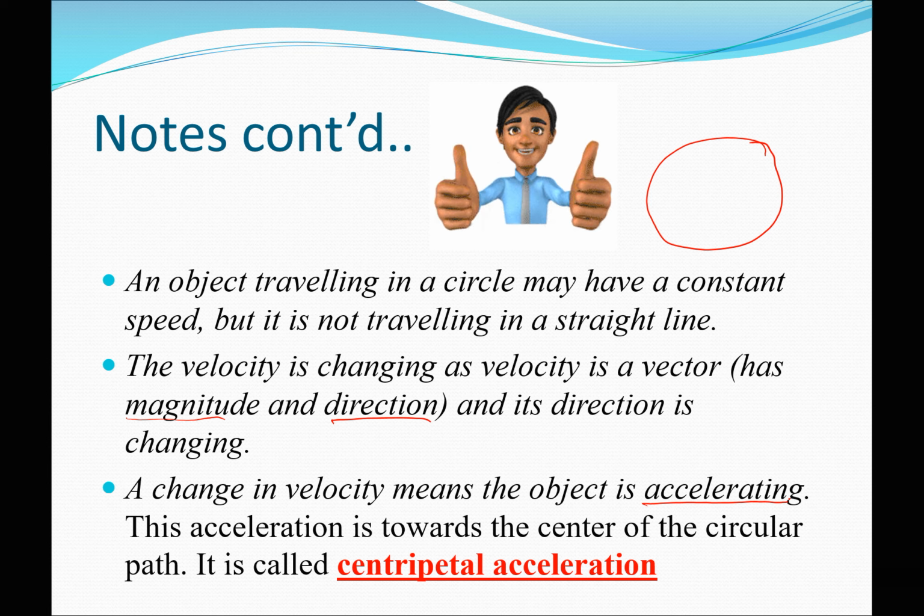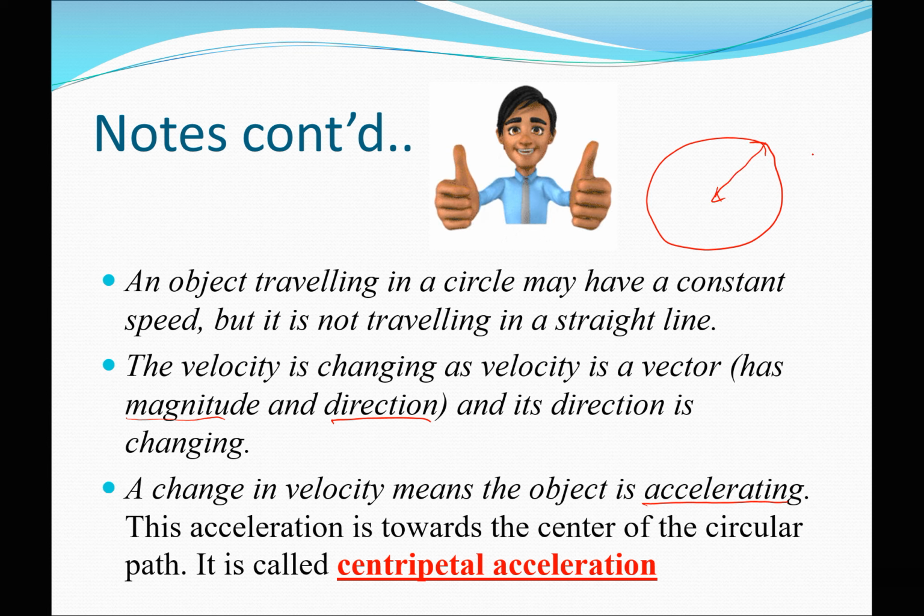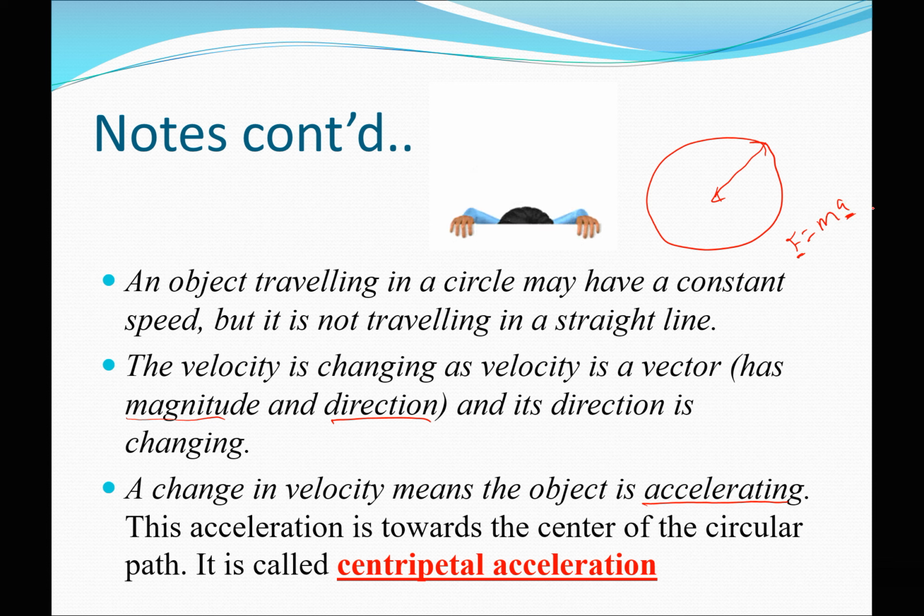But in which direction is the acceleration? The force responsible for causing this change in velocity is acting towards the center of the circular path, as we have seen with the Earth rotating around the Sun. The gravitational pull is acting towards the center of the Sun, and from Newton's second law, force is equal to ma, the resultant force and the acceleration are always in the same direction.